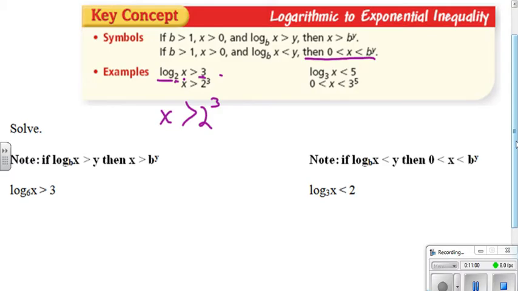Or, if you want to look at it this way, we're just taking 2 to the power of both sides. 2 to the power of log base 2 of x is greater than 2 to the power of 3. And remember from our properties, this and this cancel. So we just have x is greater than 2 to the 3. So that's kind of how it works out there.